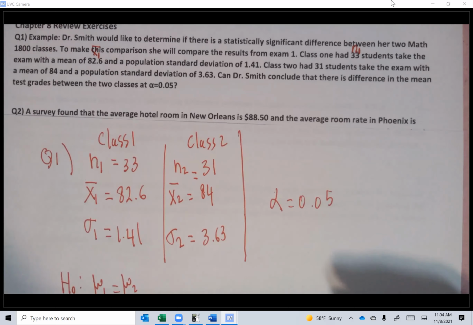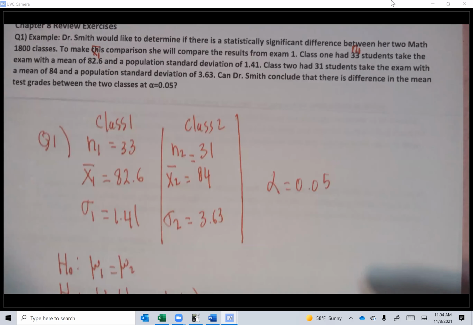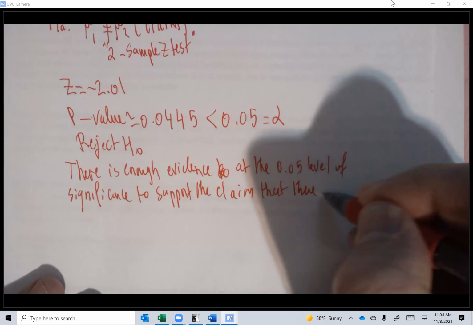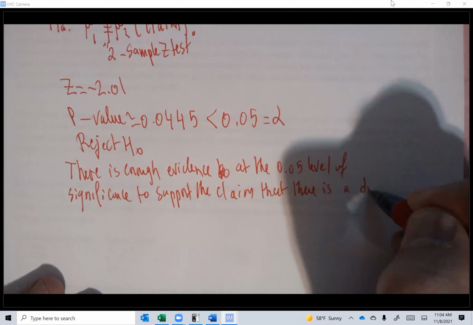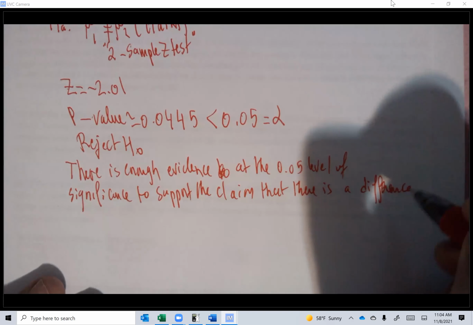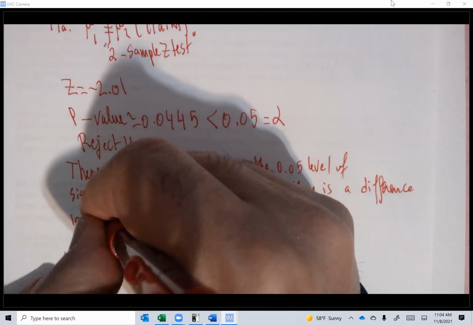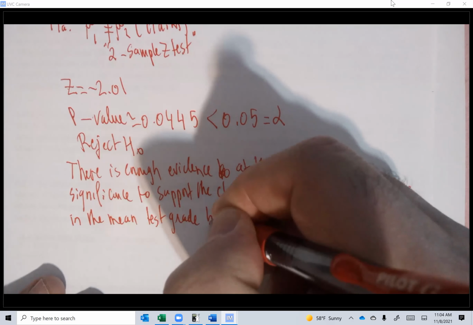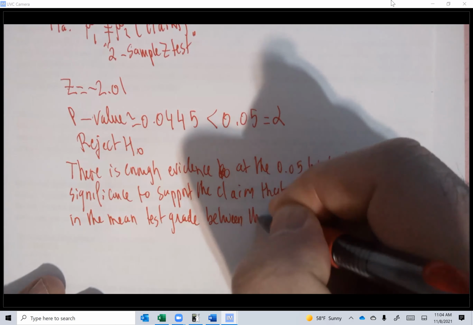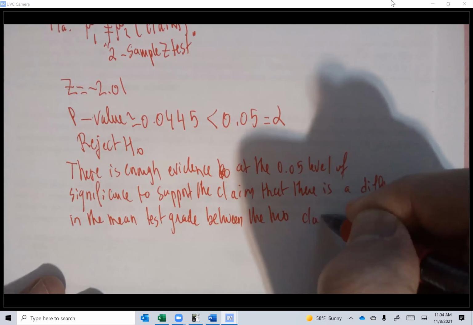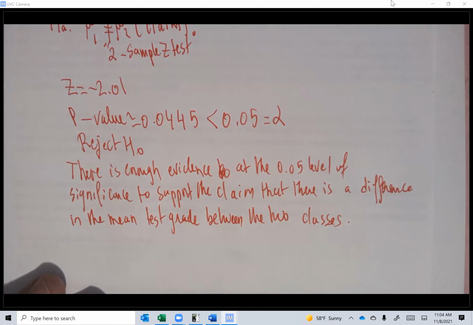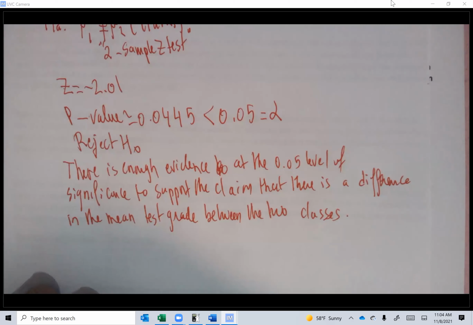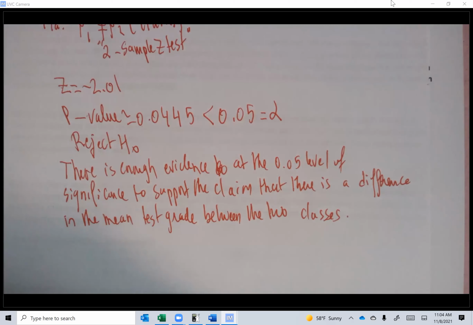That there is a difference in the mean test grades between the two classes. That there is a difference in the mean test grade between the two classes, guys. So we can support the teacher's claim here. That concludes section 8.1.